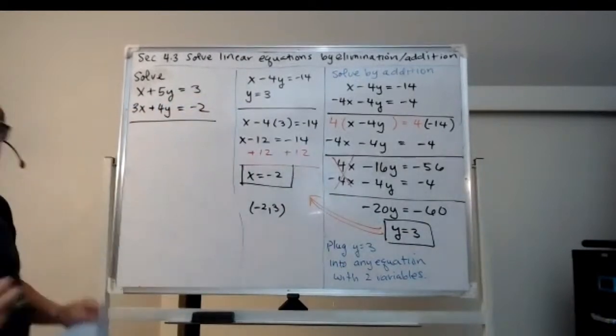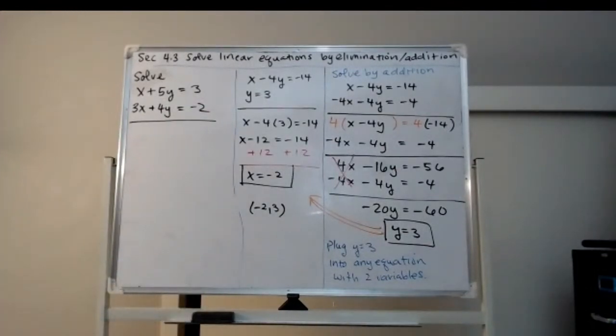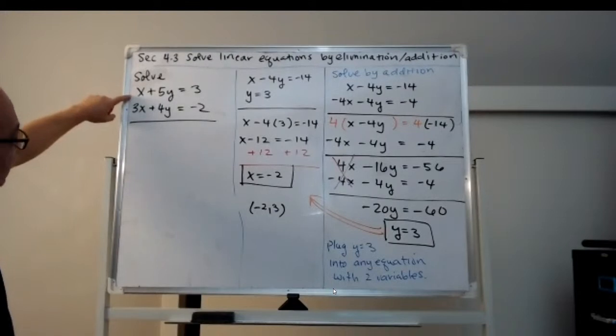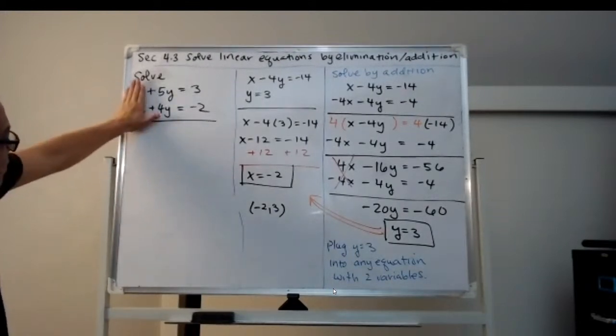Okay, so let's solve this problem. Now think about what you want to multiply this row by so that these two things add and then the x's disappear.